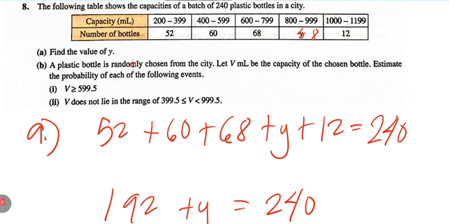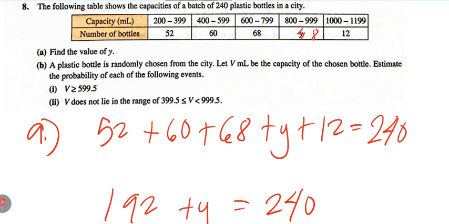A plastic bottle is randomly chosen from the city. Let V in ml be the capacity of the chosen bottle. Let's estimate the probability of each of the following events. Here we have V greater than 599.5.